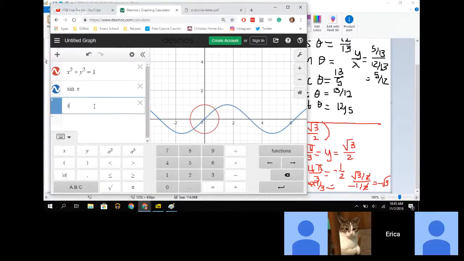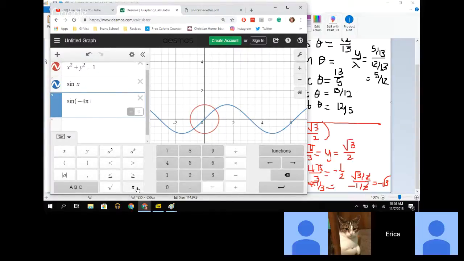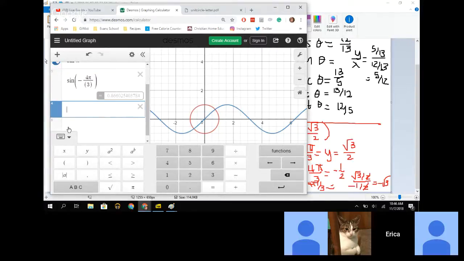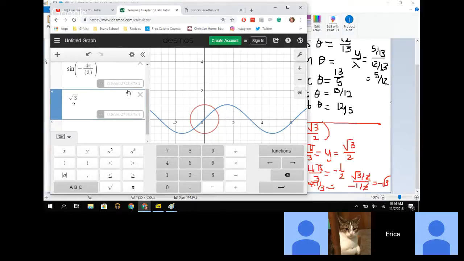I want to find out what the sine of negative 4 pi divided by 3 is. So that is positive 0.8666, which I said was the square root of 3 over 2. So let's see what is the square root of 3 divided by 2. Hey, it worked, right?